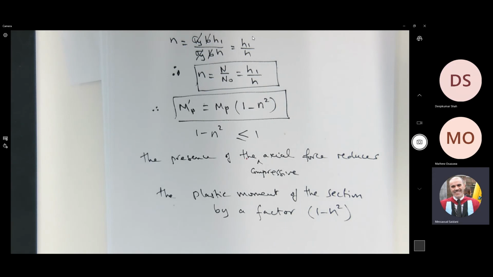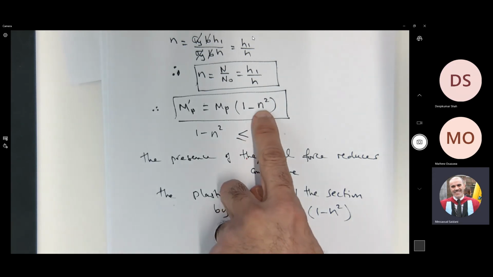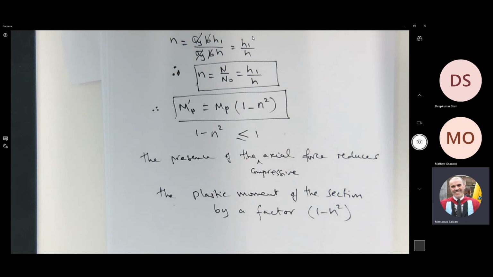This is how much it reduces. So 1 minus n squared could be 0.8, 0.7. It all depends on the magnitude of the axial force. Is that okay? Any questions?